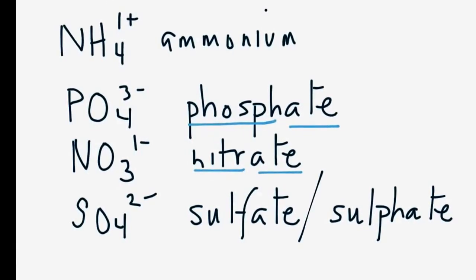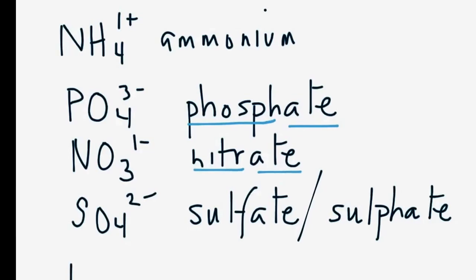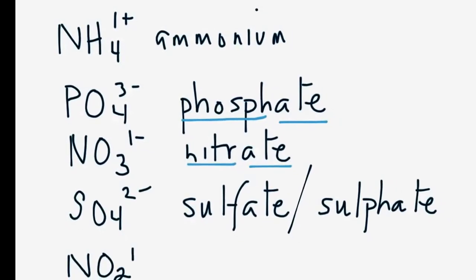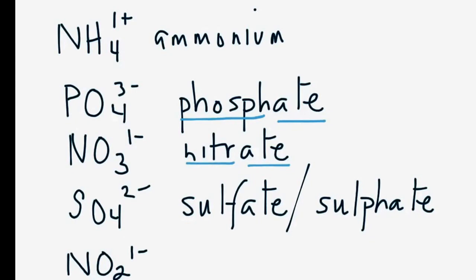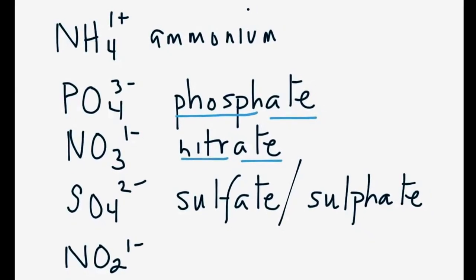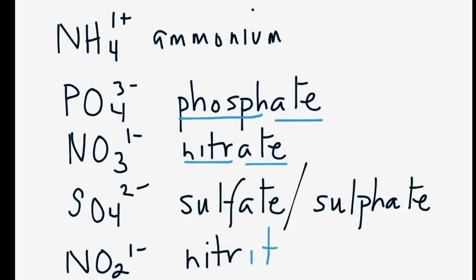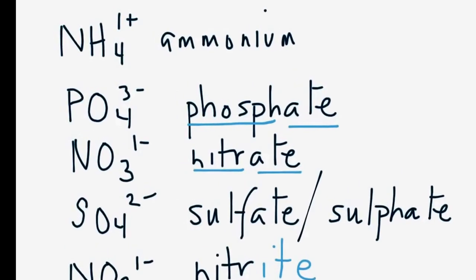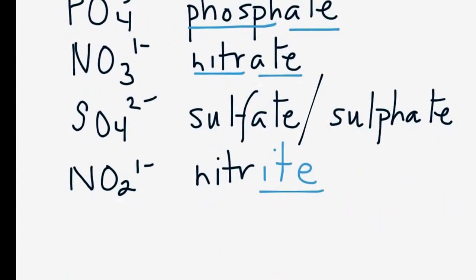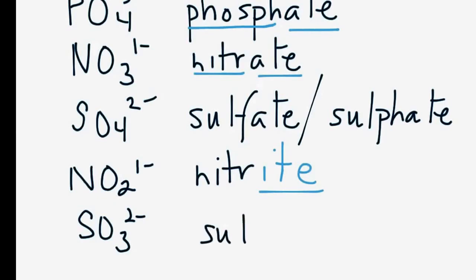So NO2 1- has one less oxygen than the parent ion, so the beginning part is the same, but it has an ite ending. So SO3 2- would be sulfite.